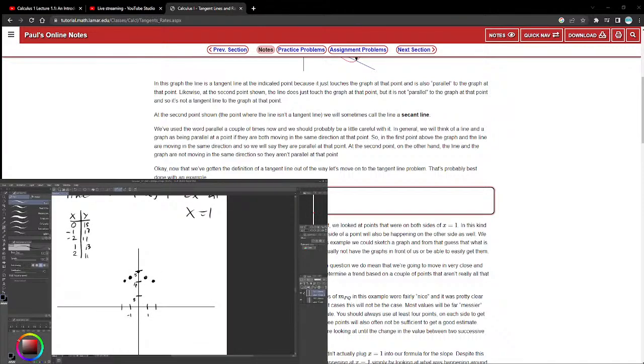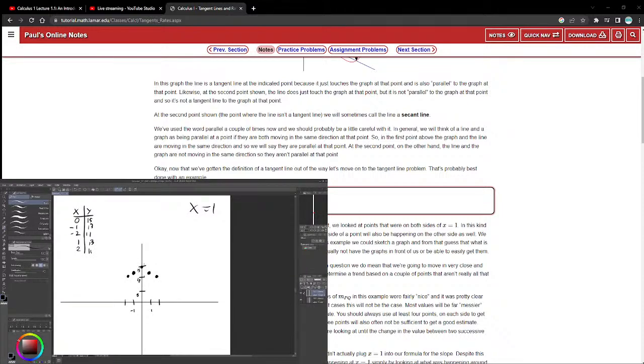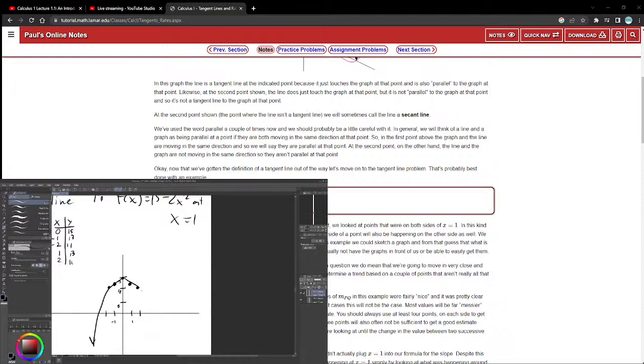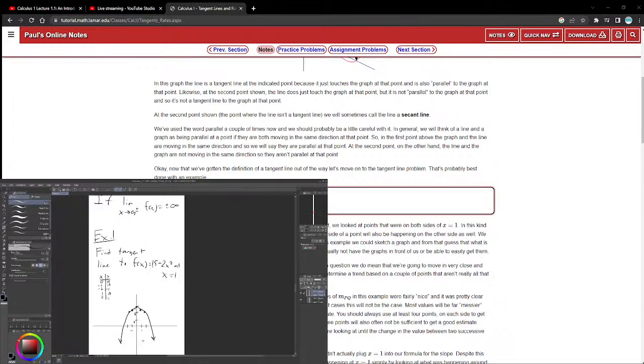So it's looking like a downwards parabola, like this.